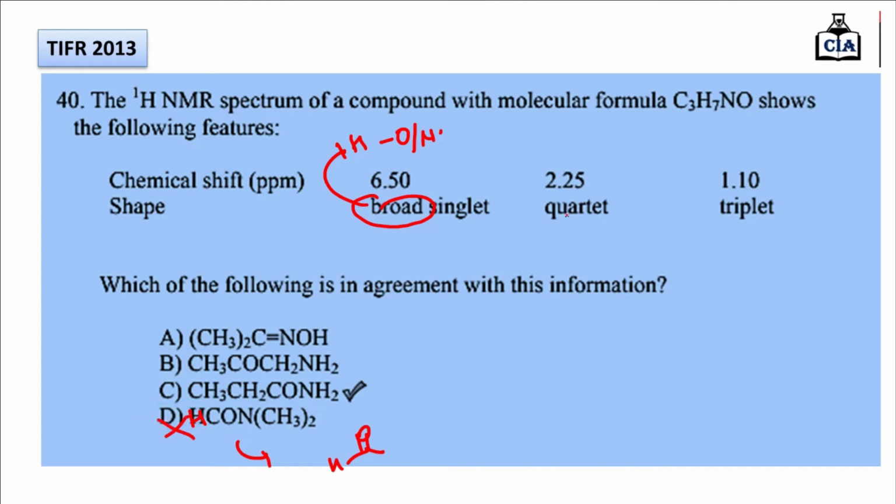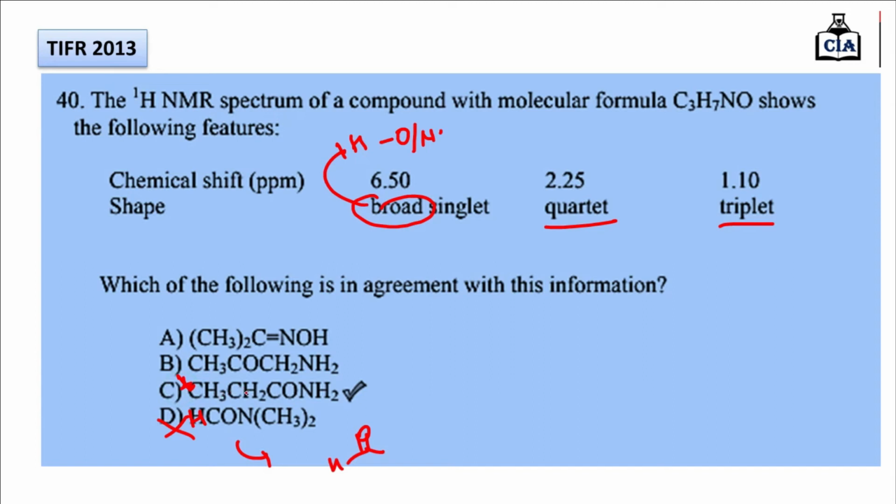Now next, if you check, there are total 2 signals, that is quartet signal and triplet signal. So only this option C will have these 2 types of signal, that is quartet and triplet. This CH3 has adjacent carbon atom with 2 protons, so CH3 will be split as a triplet, and this CH2 has the total 3 hydrogen atoms at the methyl group.